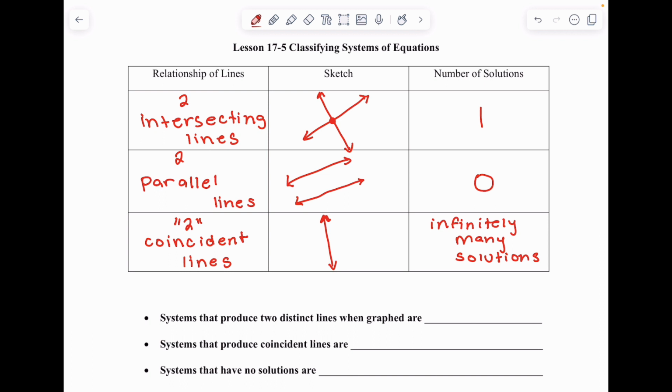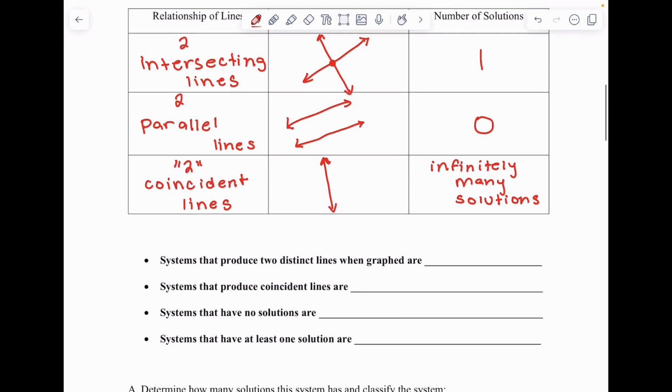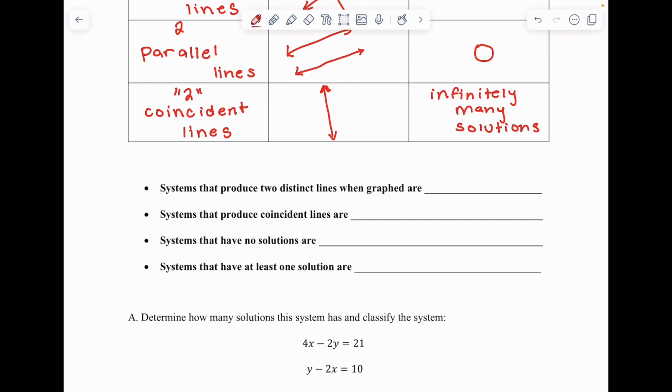And with these systems, we are going to learn some new vocabulary words today that are going to help us put names to each of these special types of systems. So, systems that produce two distinct lines when graphed, so that's going to refer to when we have two intersecting lines or two parallel lines, are known as independent.